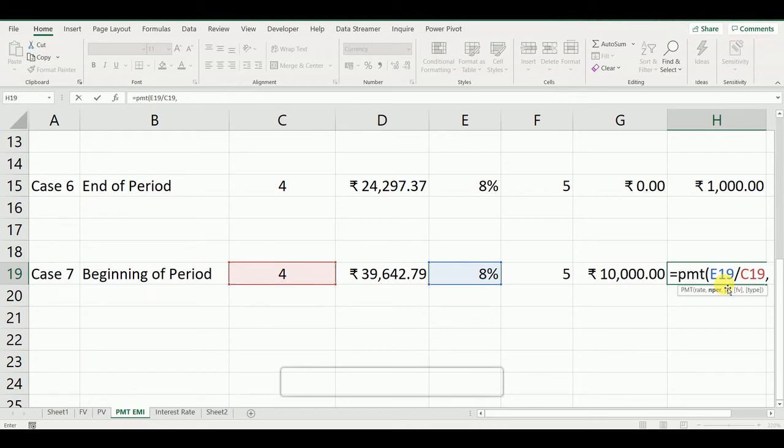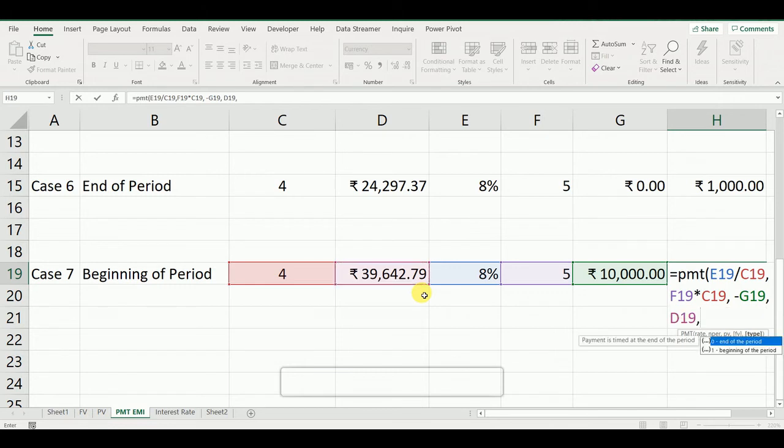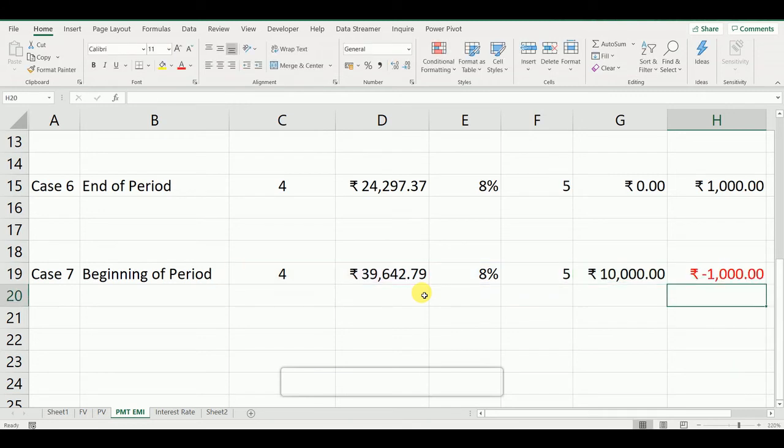Now comma, number of periods is 5 years into 4 quarters. Now PV is equal to 10,000, and future value we want to get 39,000 and at the beginning of the period, and bracket close and enter.